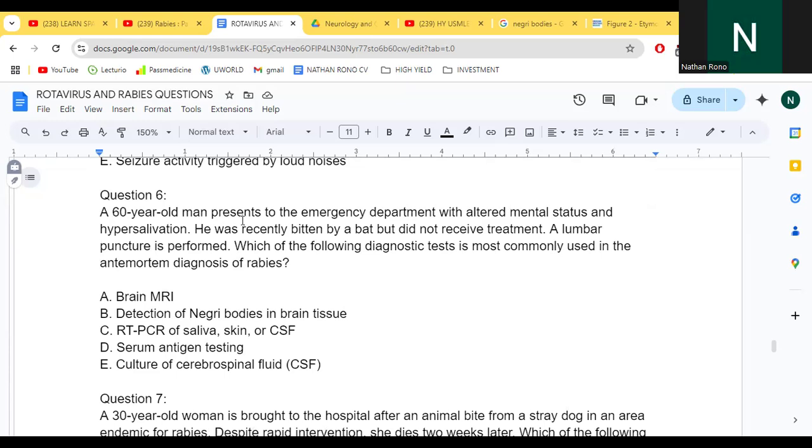A 60-year-old man presents to the emergency department with altered mental status and hypersalivation. He was recently bitten by a bat but did not receive treatment. A lumbar puncture is performed. Which of the following diagnostic tests is most commonly used in antemortem diagnosis of rabies? Antemortem is the opposite of postmortem. So what tests are used in the diagnosis of rabies when someone is alive? That's what the question means.